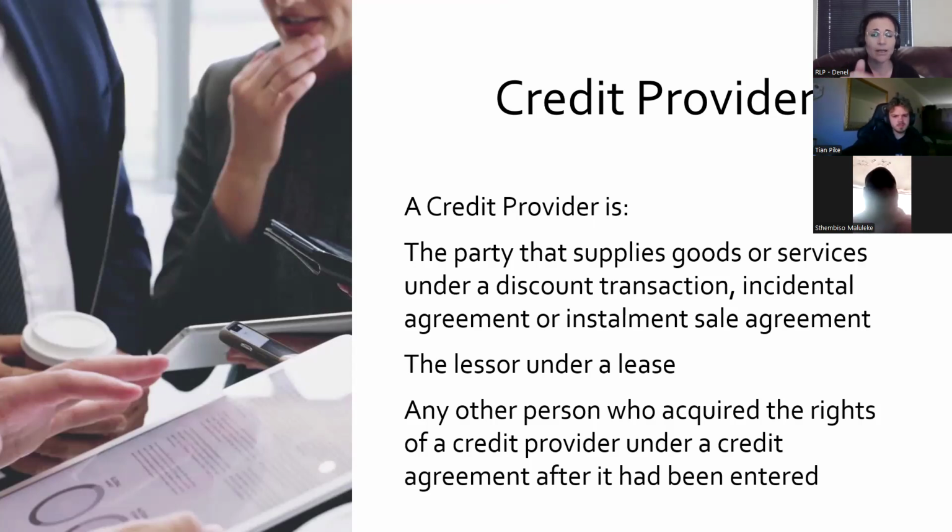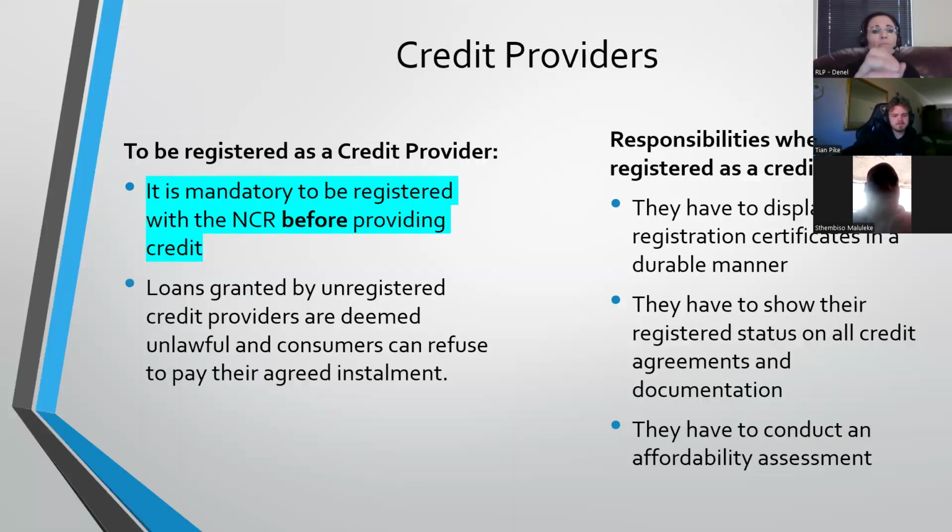You remember that the National Credit Regulator is responsible to register a credit provider. In blue, I mentioned to you that it is mandatory to be registered with the National Credit Regulator before providing credit. Guys, tomorrow they will give you a scenario where they will say, ABC Limited is in the process of registering as a credit provider.